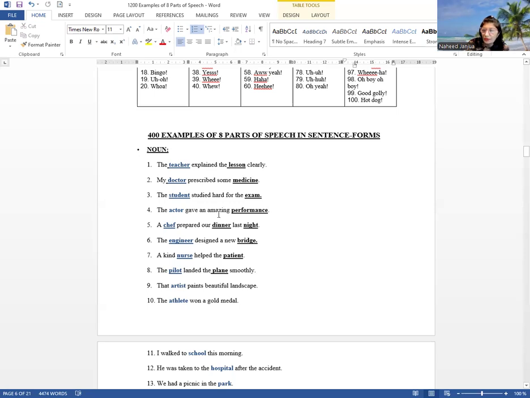Usually in a noun phrase, the adjective comes before a noun. Here you can see, even before that, there is an article, which you can also use as a determiner.